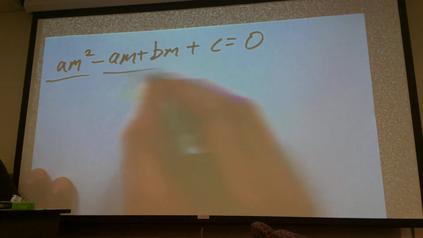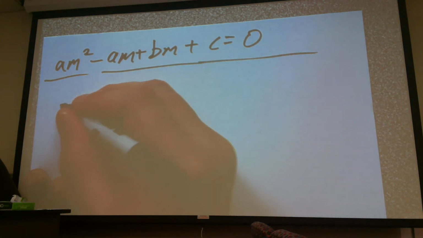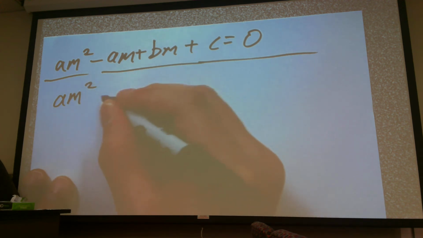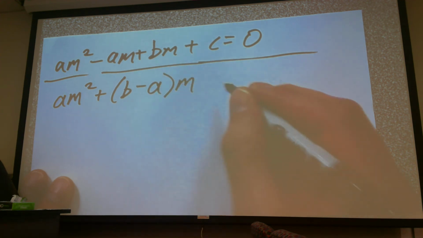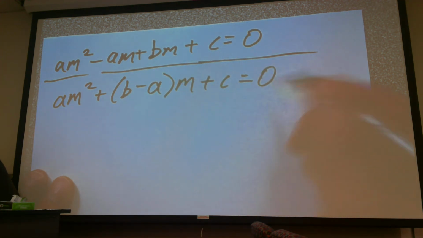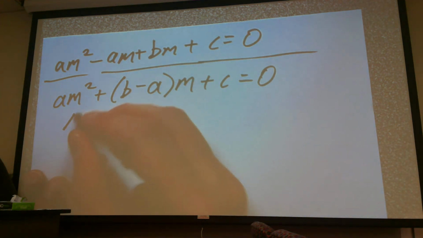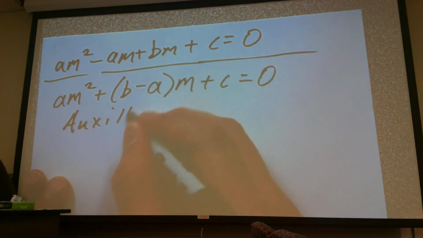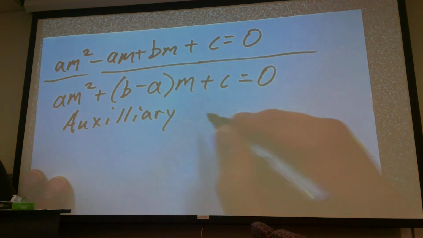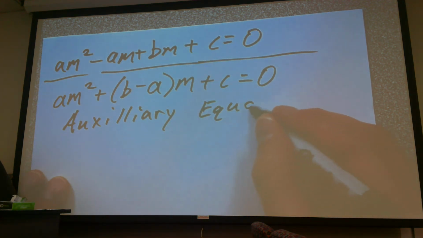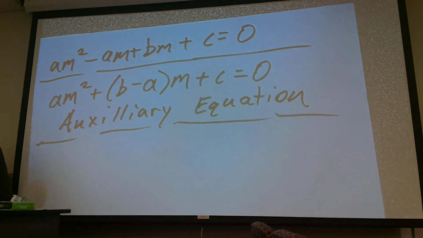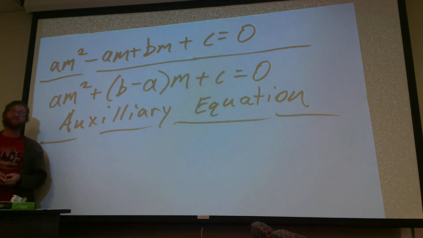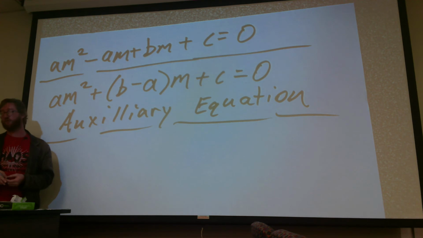So we have a m squared plus b minus a times m plus c, which equals 0. And this right here is the auxiliary equation that is going to be associated with Cauchy-Euler problems, second order Cauchy-Euler problems, okay?